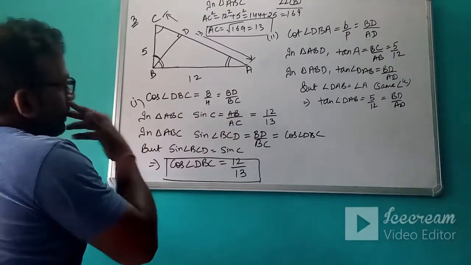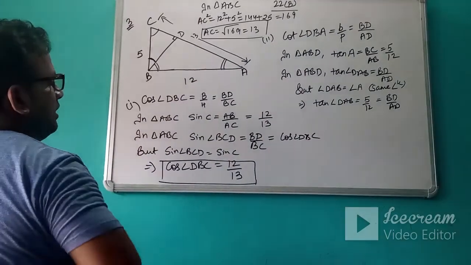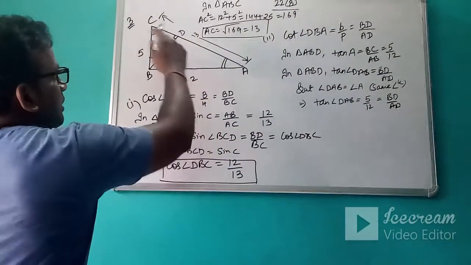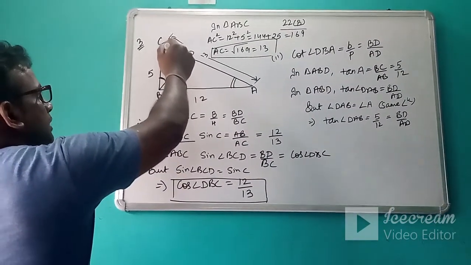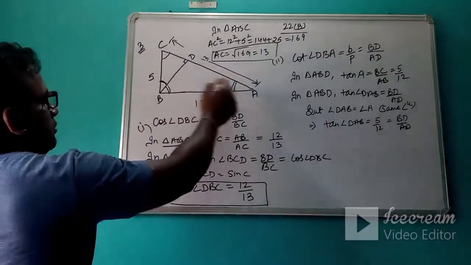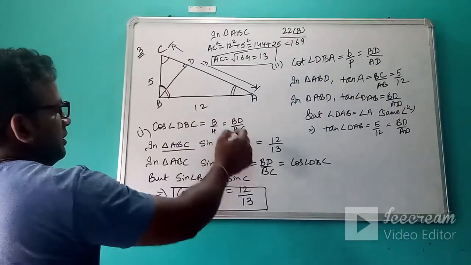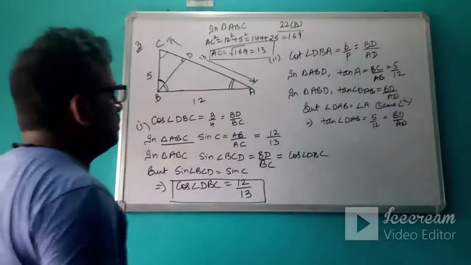Now I pick this big triangle, triangle ABC. For this I have taken the value of sine of C. When you take the value of sine of C, what you will get? The perpendicular AB upon hypotenuse AC, that is 12 upon 13.